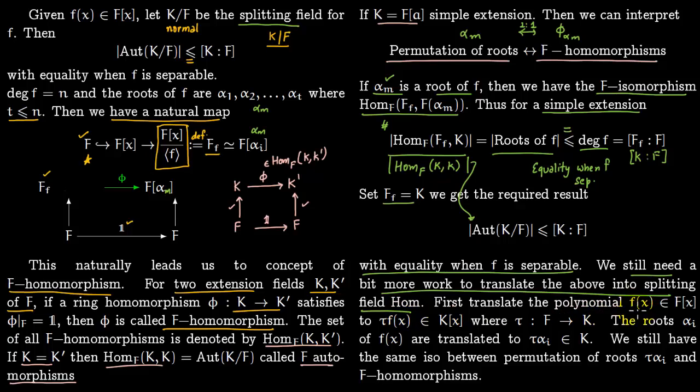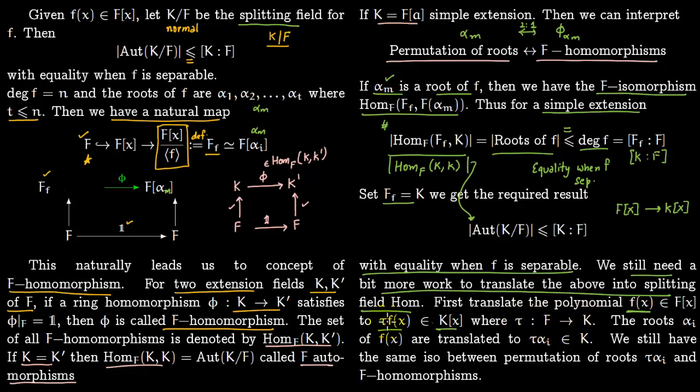So what you do is you translate your polynomial f of x to tau f of x in k of x. So if k is your splitting field, you have to take your polynomial from f of x to k of x, and the way you take it is you do not touch the x's, you just change the coefficients, and the coefficients are changed precisely by how tau acts on elements of f and takes them to k.